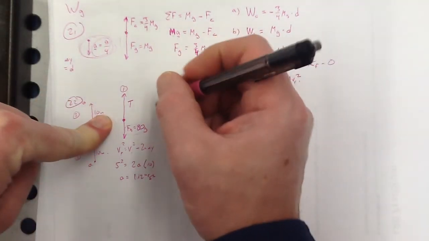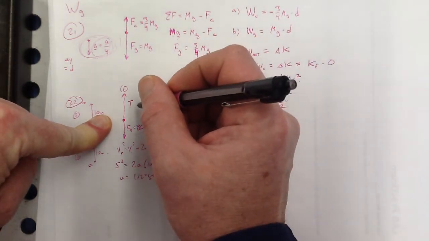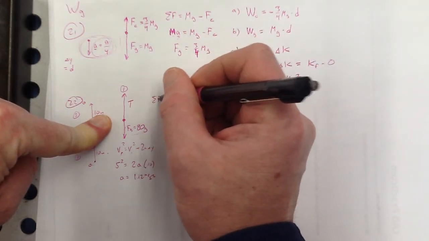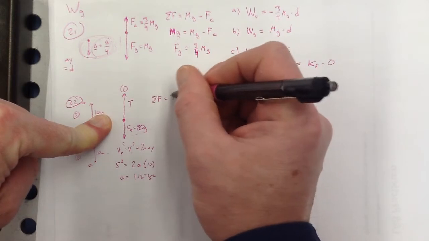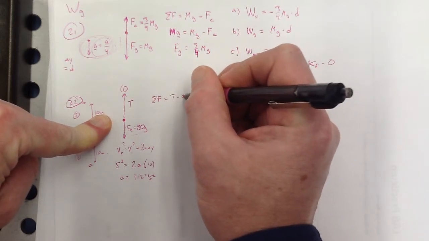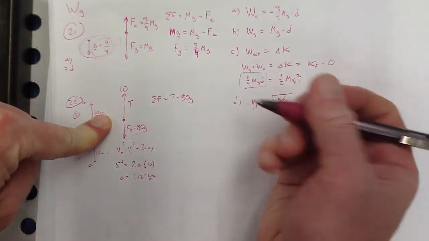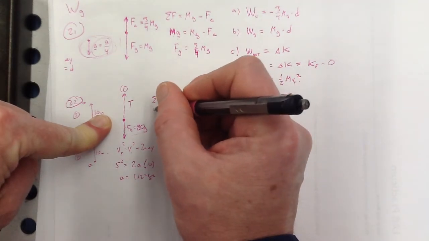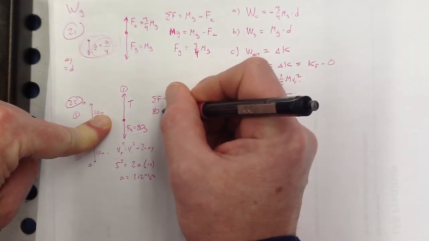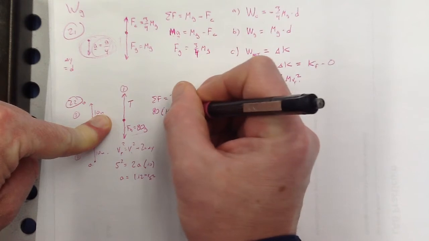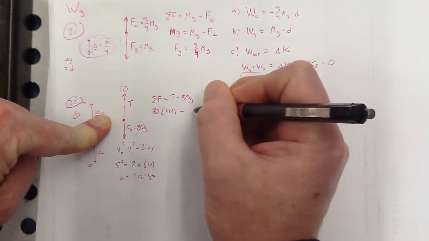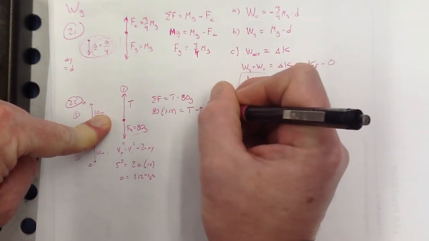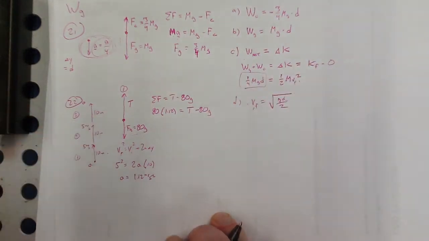So if I wanted to write a little net force equation, net force is equal to tension winning versus the gravitational force. So mass times acceleration is equal to the tension force minus that 80G.